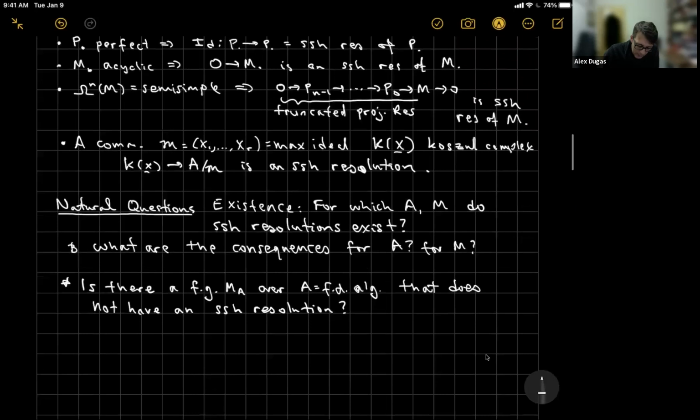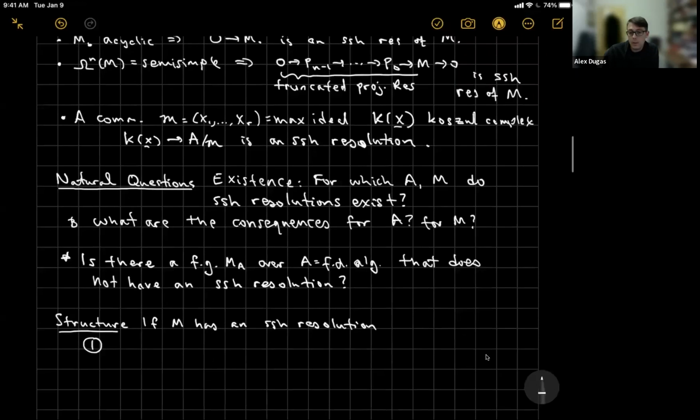And a second batch of questions we can look at, these are perhaps more interesting, but also they seem to be a bit harder. These deal with the structure of SSH resolutions. So if M has an SSH resolution, we can look for minimal SSH resolutions, and there's a couple of different notions of what we might mean by that.